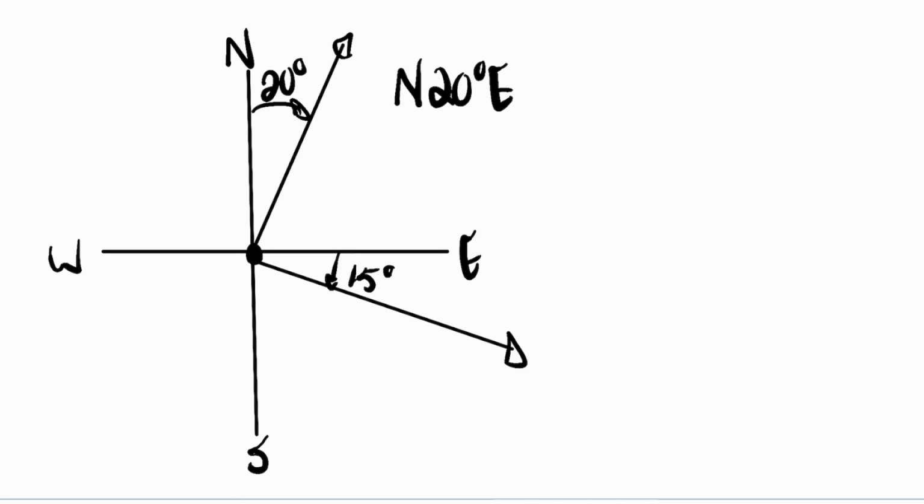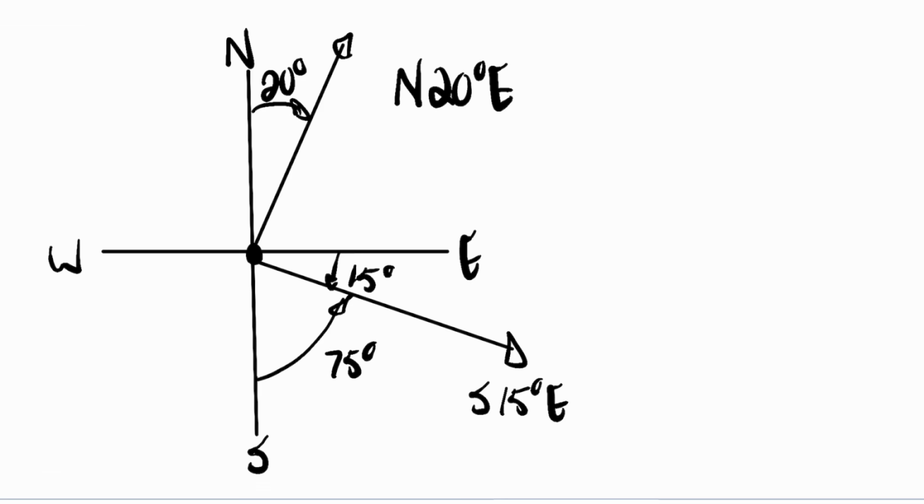I would not say east 15 degrees south. If I said that, you'd probably figure out what I meant, or you'd ask me to clarify, but that's not the standard way. The standard way is I have to refer to north or south first. What I really need is the deviation from south, and out of 90 degrees, if I remove 15, I have 75 left. So that's the deviation from south. So this would be referred to as south 15 degrees east. Okay? So that is the standard way of referring to this.